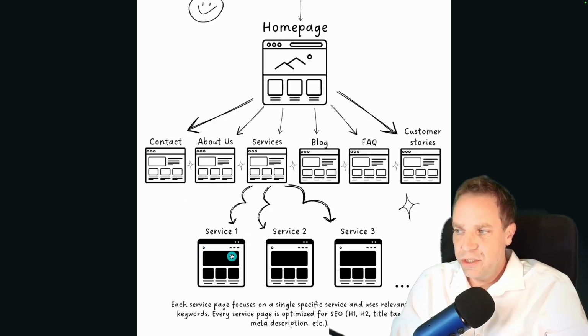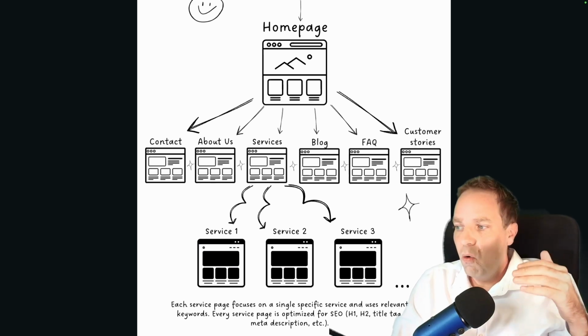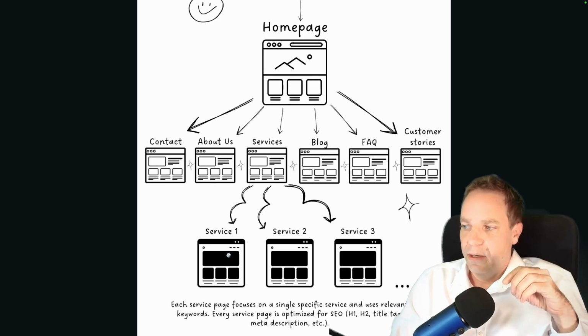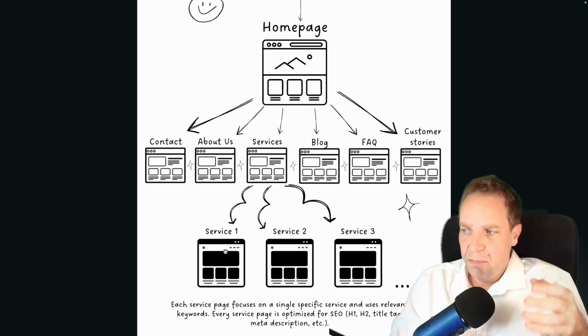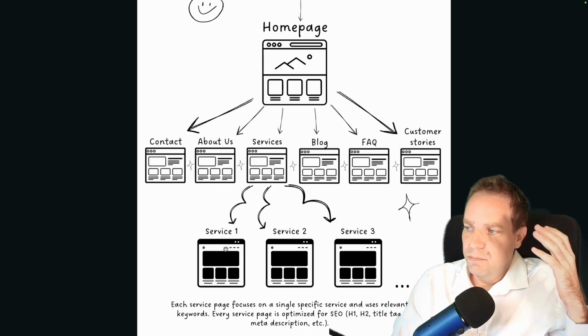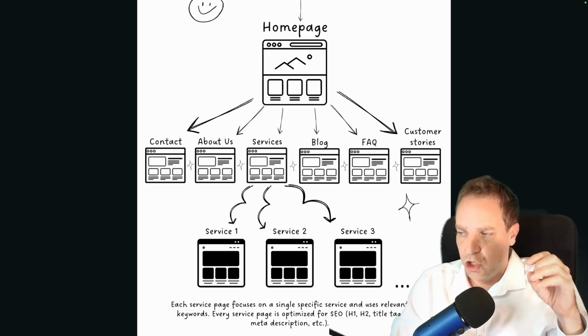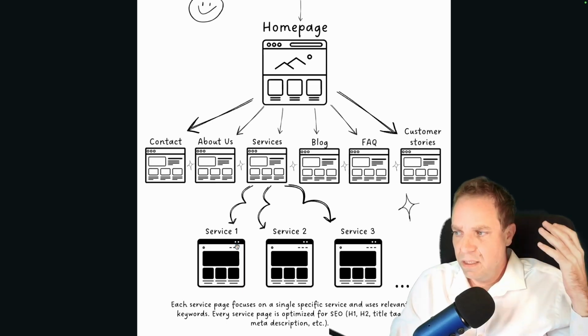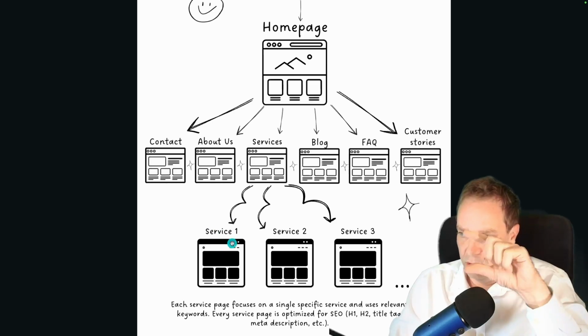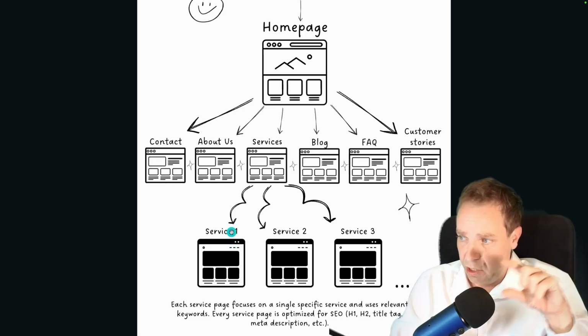And for each service, on each detailed service page, we are talking only about this specific service. So this means that when you own, for example, a car repair shop, then you have here the service page called tire changes or tire repair.